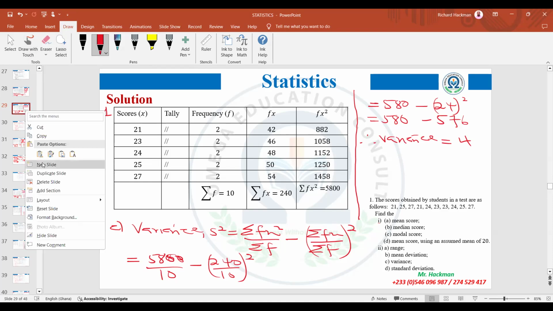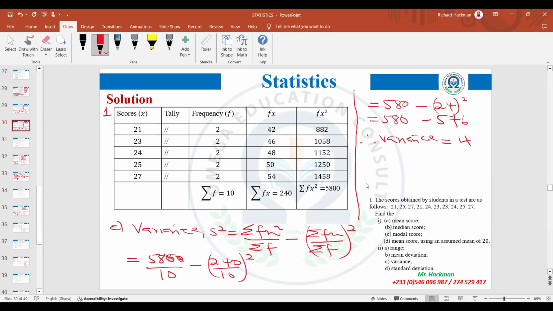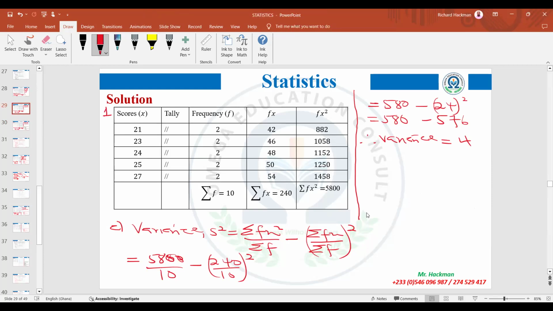Then we go and find the standard deviation, but we won't stress ourselves anyway because we know the variance. So I want to delete this one and create more room for the D. D is the standard deviation, and that will be comma S. That will be equal to, remember we said, the square root of the variance.